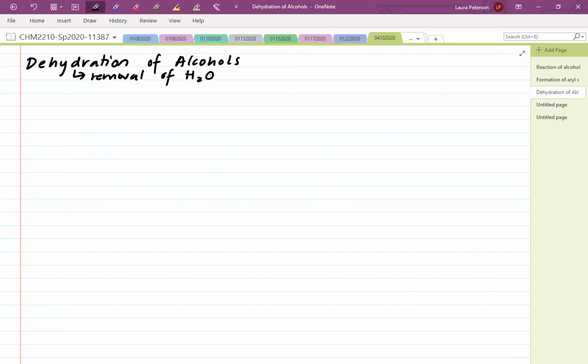Let me just talk a little bit about the reagents and conditions for this reaction. I'm not going to give any specific molecules at this point. Let's just look at the overview of the reaction. We're going to have an alcohol, and at the beta position, we're going to have a hydrogen, and that is how we're going to remove water. We are going to treat with H2SO4, and we need to heat this.